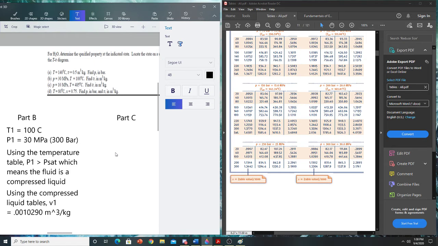That is why I always tend to use, if I have a choice, for example, if you were given 200 Celsius and 5 bar, I will always use the pressure table. Because the pressure table makes sense, right? If something's higher, it's superheated. That's why when given the choice, always use the pressure table. But the temperature table, you have to know how the relationship works as well.